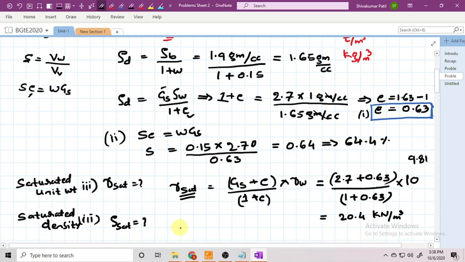So what will change in the formula here? The only change is, instead of this gamma W, I should write the density of water, which is around 1 gram per cc.